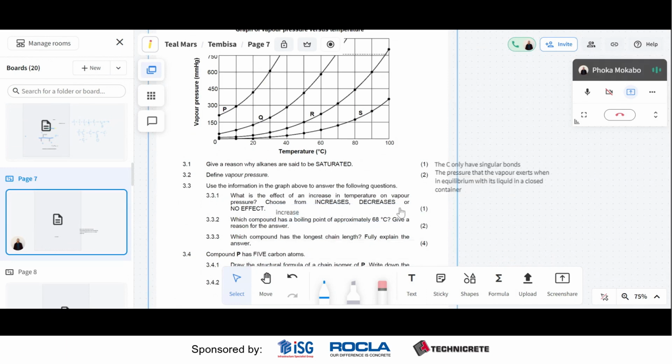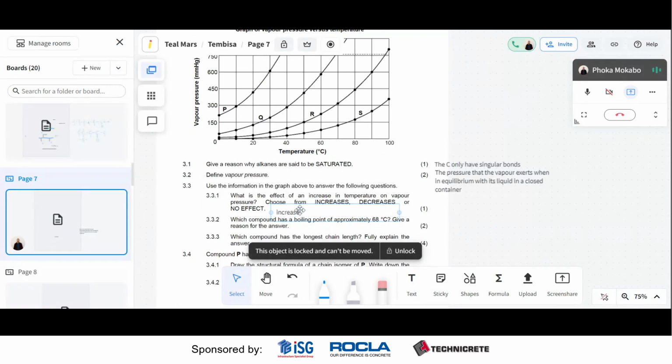Given the fact that they are directly proportional to one another. Remember, the whole concept of boiling point is where the vapor pressure is reached by the atmospheric pressure. And so, therefore, if you increase the temperature, you're getting closer and closer to that vapor pressure, and the vapor pressure would then also have to increase.